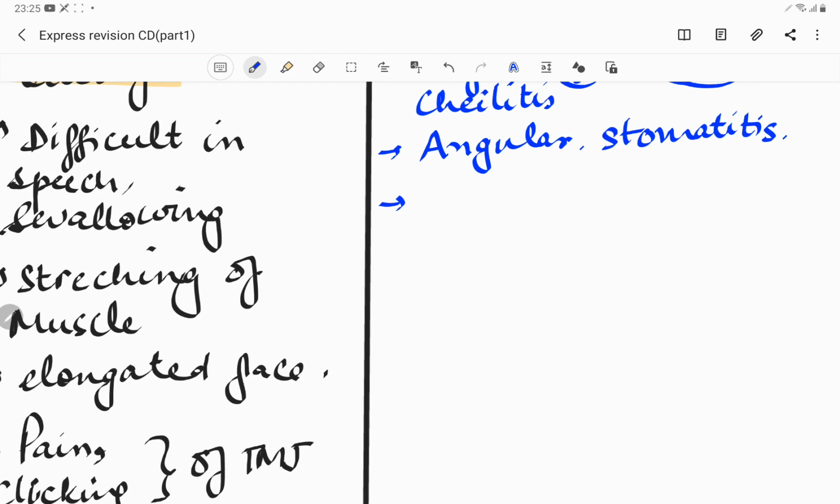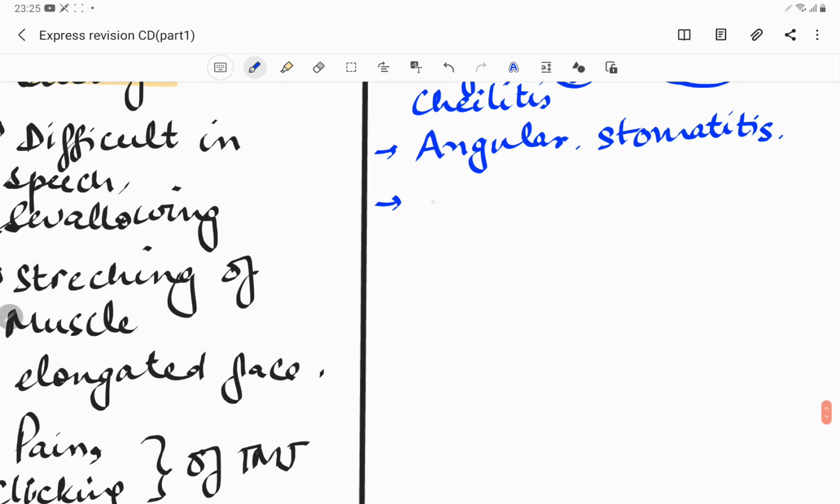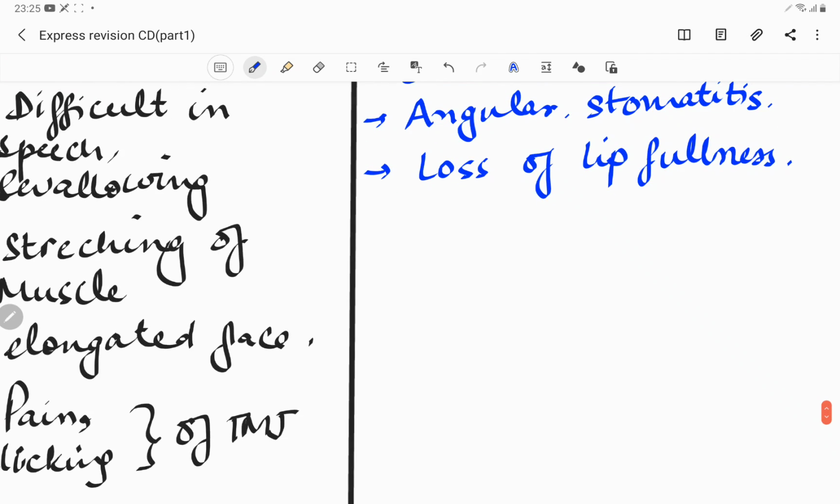This we will cover in oral pathology. Also there is going to be difficulty in swallowing, pain, clicking, discomfort, but compared to increase in the vertical dimension, it is going to be less. So there will be loss of lip fullness.